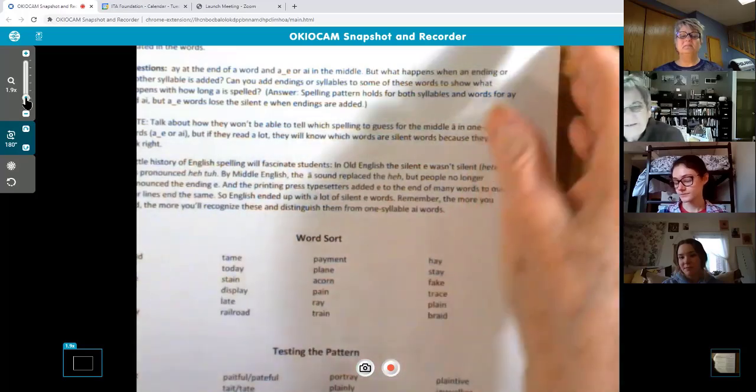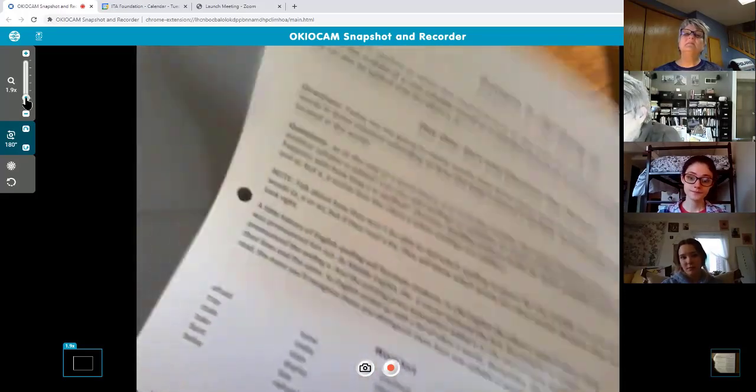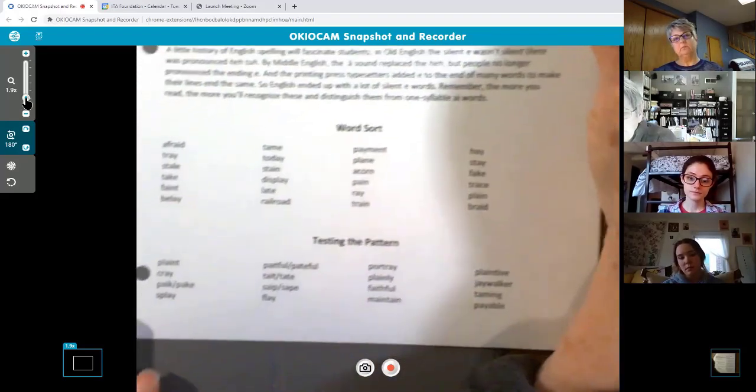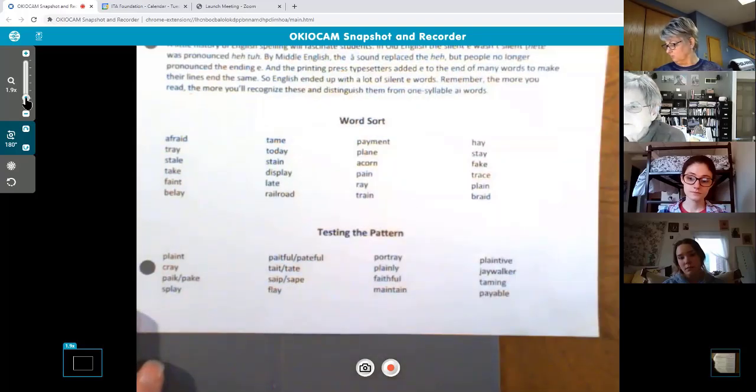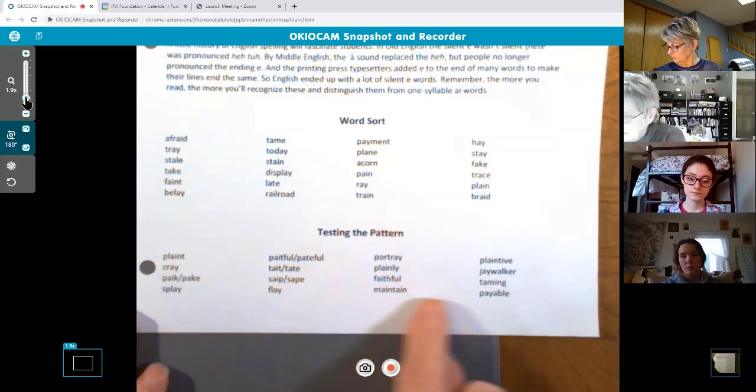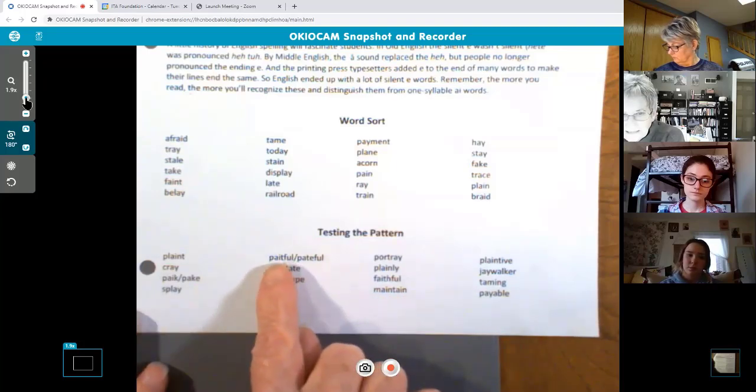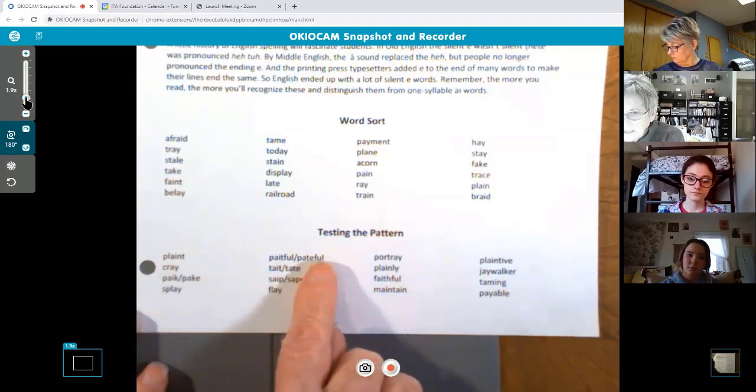All right. So you've got your word sort. Once they've sorted and they found other words, they've hopefully found some rabbits that you could look up with them. And they put that in their notebook. Then here's the test. And notice, like pateful, I spell two ways because they could spell it either way.